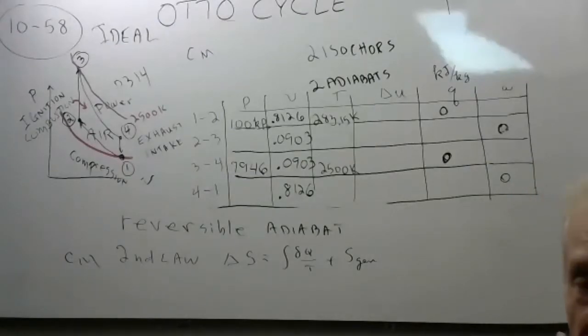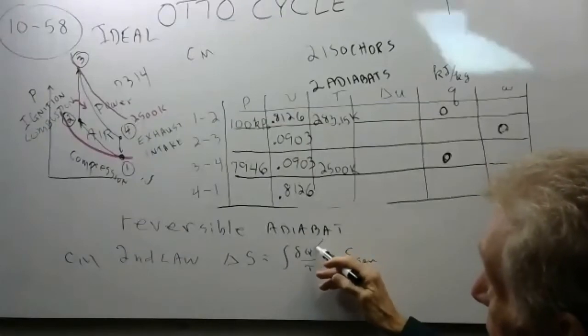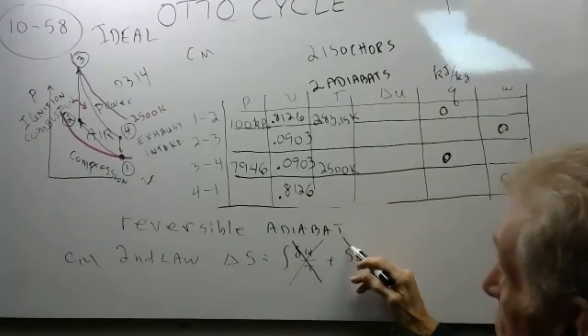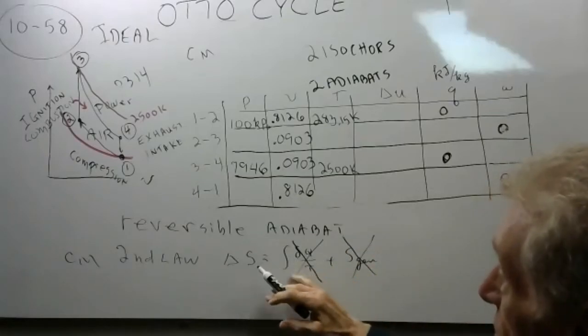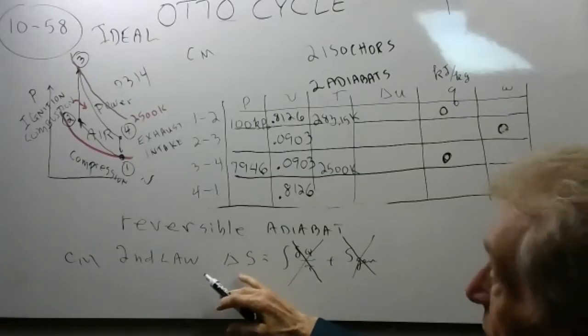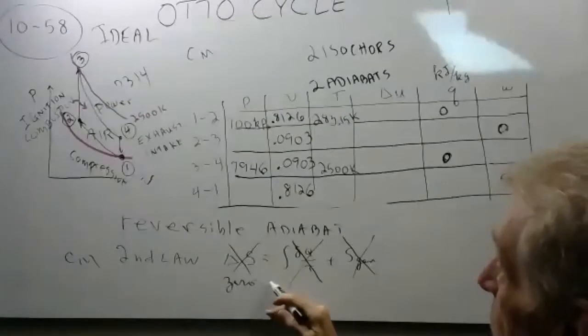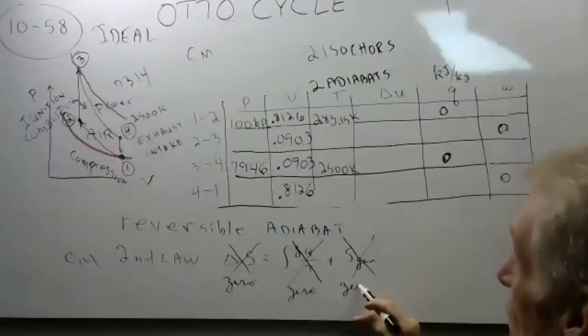That's the second law. And see if it's an adiabat, this is 0. And if it's reversible, this is 0. If that's 0 and that's 0, guess what this is? It's 0. These are all 0. Everything's 0.